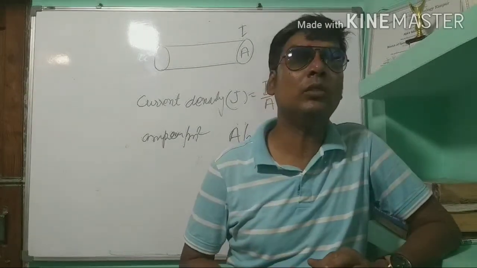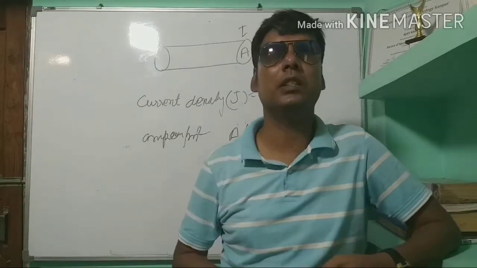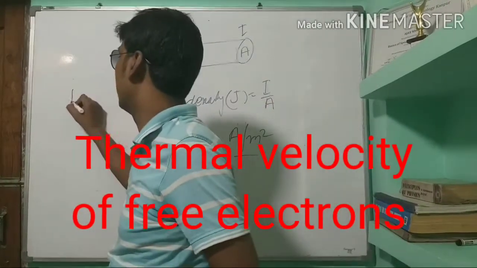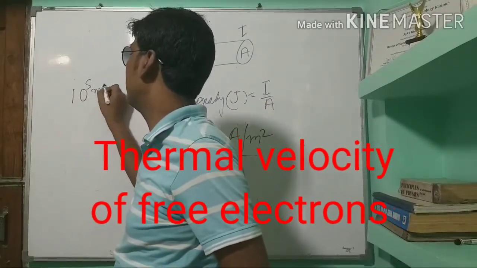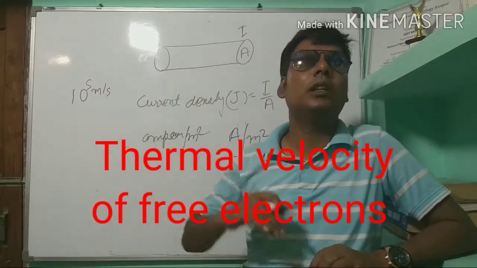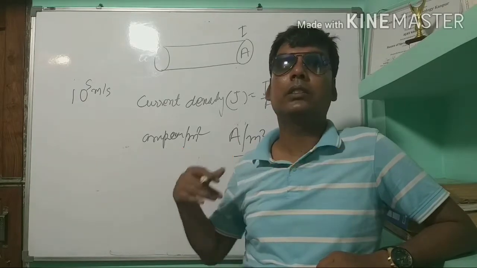The free electrons in a metal move randomly with a very high speed of the order of 10 to the power 5 meter per second. This speed is called the thermal velocity of a free electron. So what is thermal velocity?